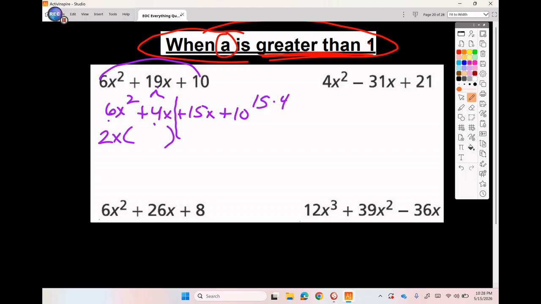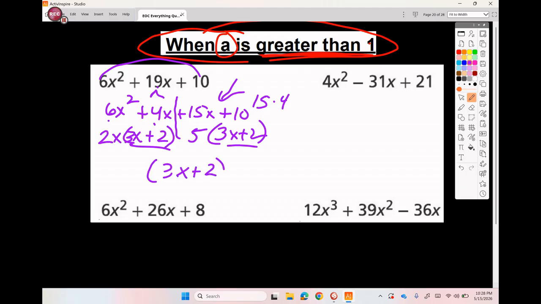And now what's left in there would be x plus 2. Now over here, 15 and 10 are both divisible by 5. What you're left with is 3x, I forgot the 3 here, 3x plus 2. Now, these match, so they go in 1. And the second one is the two pieces you took out, which is 2x and a positive 5.